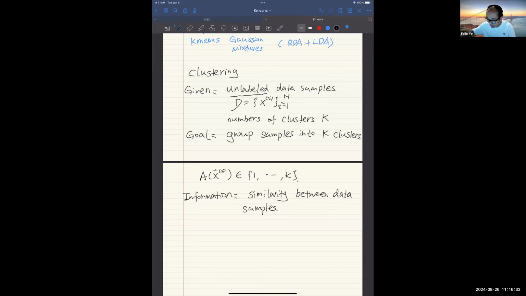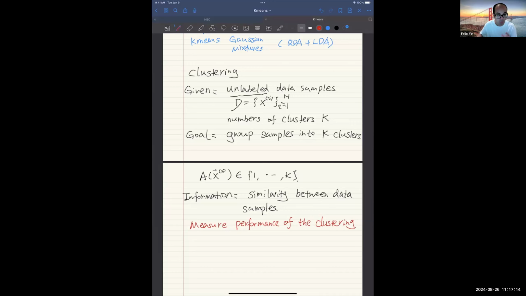So how do we measure the performance of the clustering? The clustering should have high within-cluster similarity and low inter-cluster similarity.